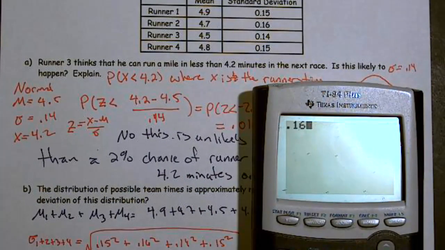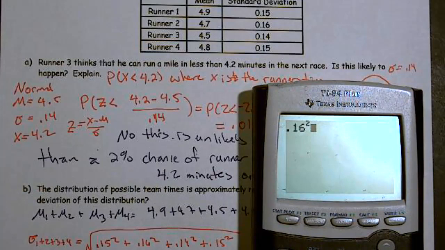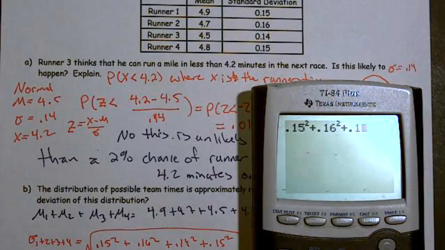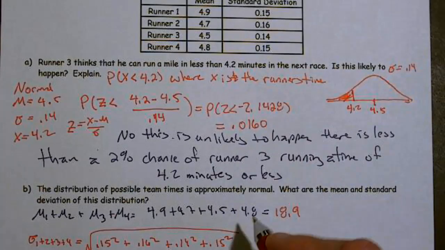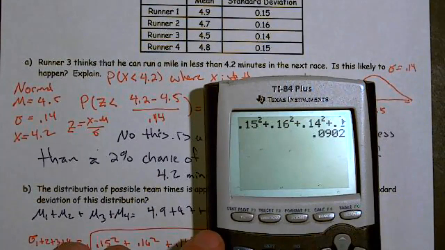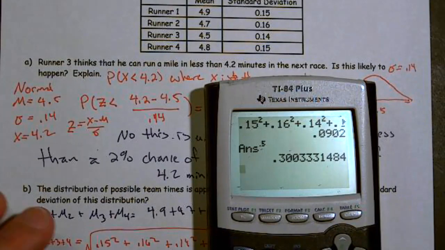We end up getting 0.0902, and I'm just going to take my value and raise it to the half power, and I get 0.3003.